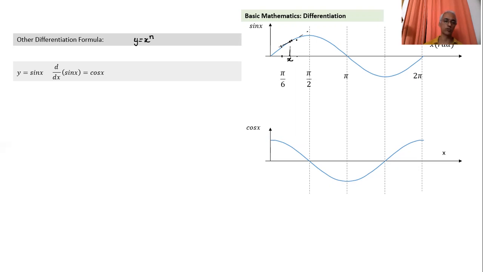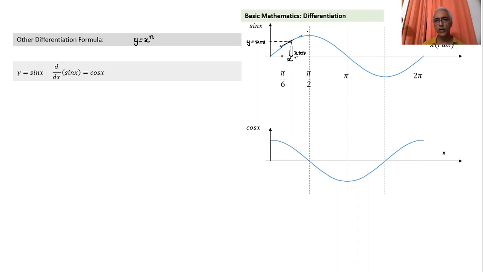So two points and then the slope. Let's repeat the same process here. If this is x, what will be the y coordinate corresponding to x? The y coordinate will be the sine function of x, so y will be equal to sin x. Similarly, what is the second point here? We choose the second point at x plus dx.